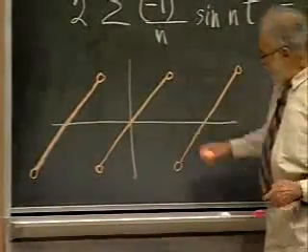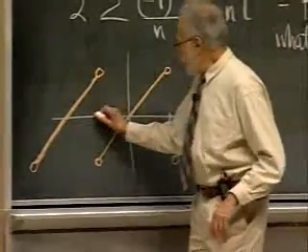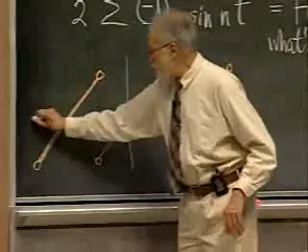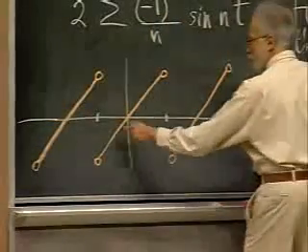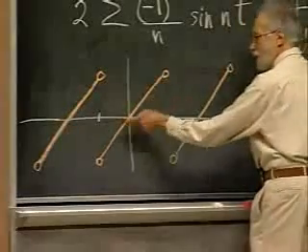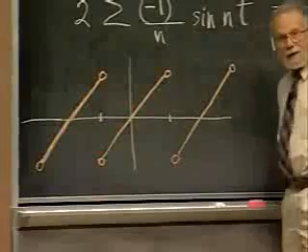And now how do I fill in the missing places? This is the point pi, this is the point negative pi, and there are similar points as I go out. Well, since the function's continuous here, the Fourier series will converge to this orange line.